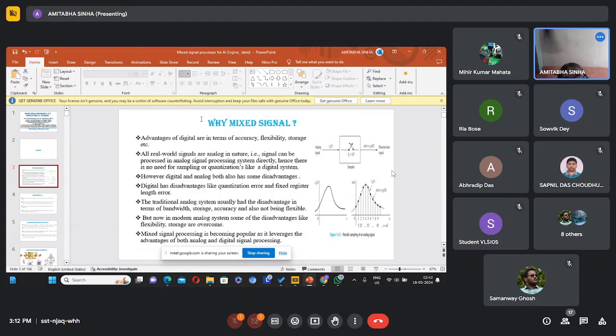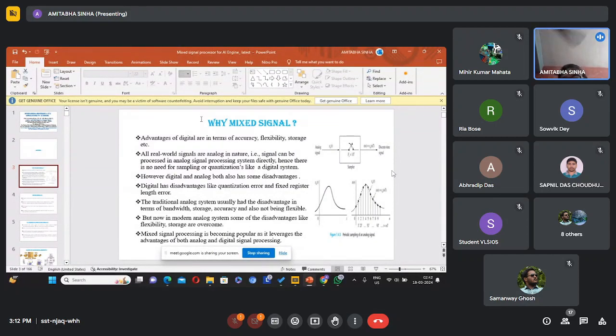However, digital and analog both have their own advantages and drawbacks, which we'll be discussing in minute detail. Now, what are the disadvantages of digital systems? As we discussed just now, like quantization. After sampling, quantization has to be done.